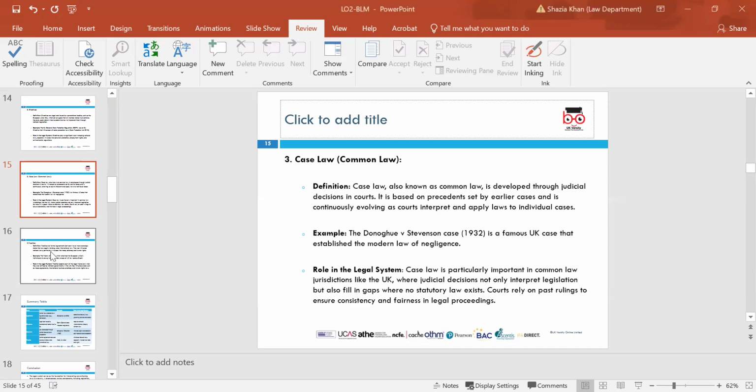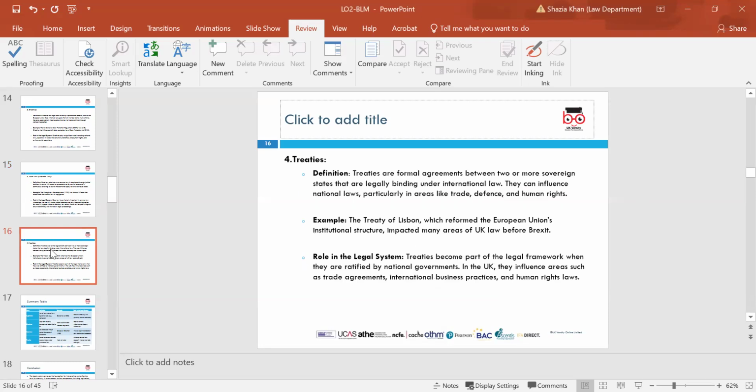The next element of the principles is treaties and why these are important in regards to the UK economy. A treaty is a formal, legally binding written agreement concluded by sovereign states in international law. International organizations can also be party to an international treaty, and a treaty is binding under international law.